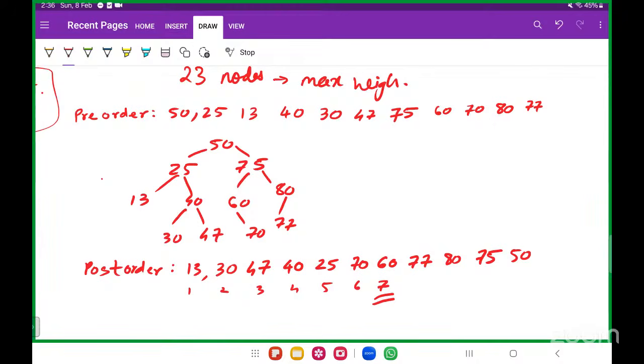So its position should be 8? 1, 2, 3, and 50 will be last. So here these are 5 elements and 2 elements here, and the position will be 7. Next problem.